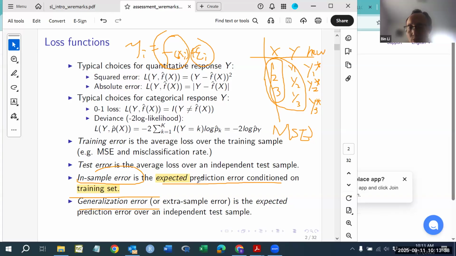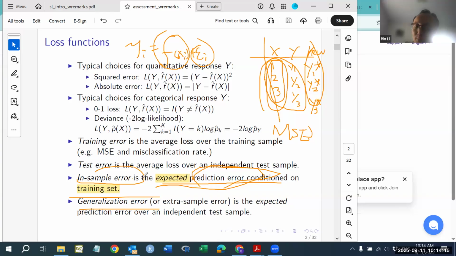So I have the prediction error. But that prediction error depends on these Yi stars, so it's random. If I use a new set of data points, it could be a different value. So the expected prediction error for this is called in-sample error. Why is it called in-sample? Because the X are exactly the same as the test sample X, but the Y changes. Okay, the next one is called the generalization error.